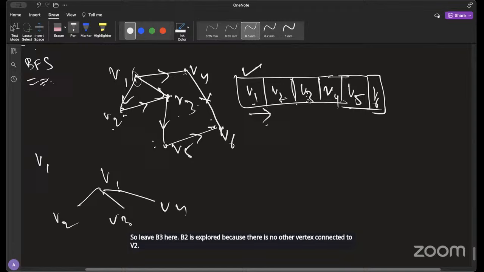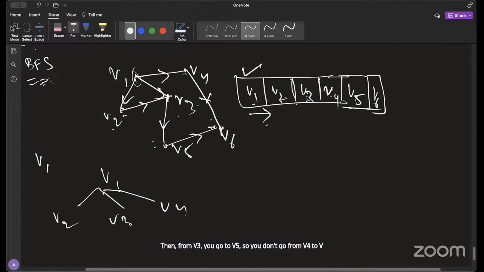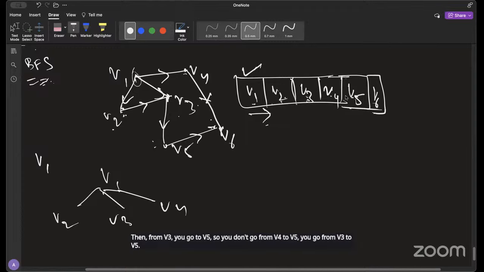Then you go to V3. Next is V3 in the queue. Then from V3 you go to V5. So you don't go from V4 to V5, you go from V3 to V5. So V5 is here because V3 is here. V4 is already there. And you don't start exploring V5, let me just tell you. What you do is you go to V4, the next one.